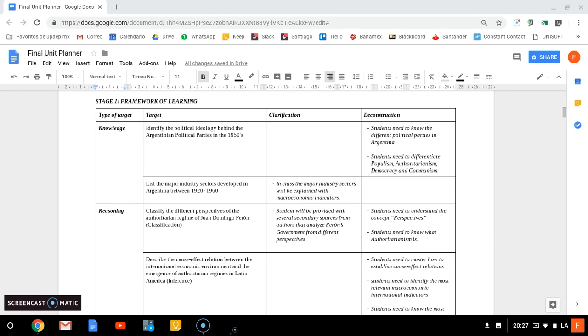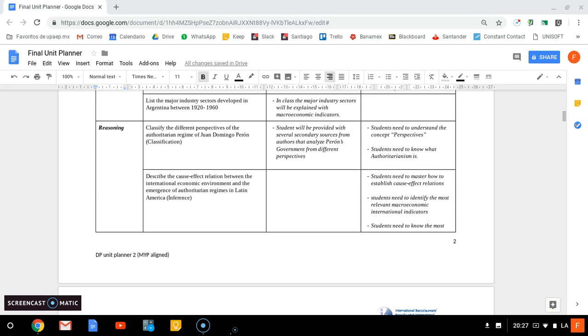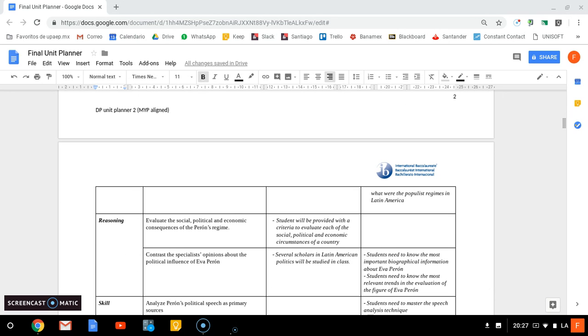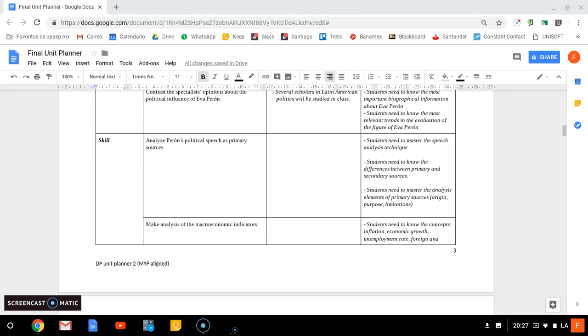Knowledge learning target, which means it is about the facts or the knowledge or the concept that the students will know after your class. Reasoning targets related to contrast and compare, to classify. Those are those cognitive skills. Skills by itself, what skills your students will develop in your class.